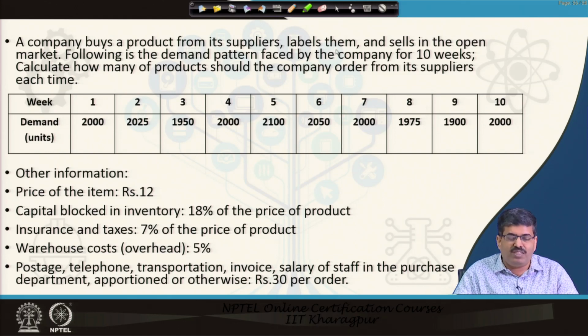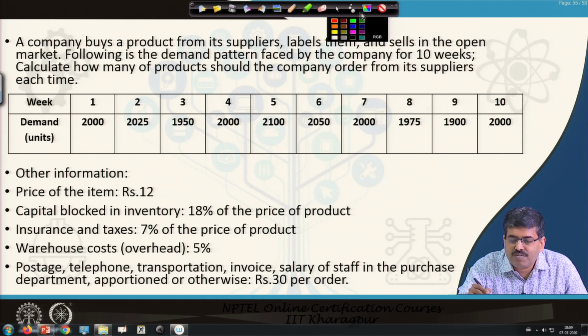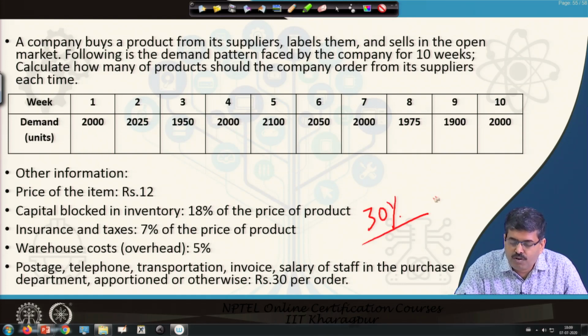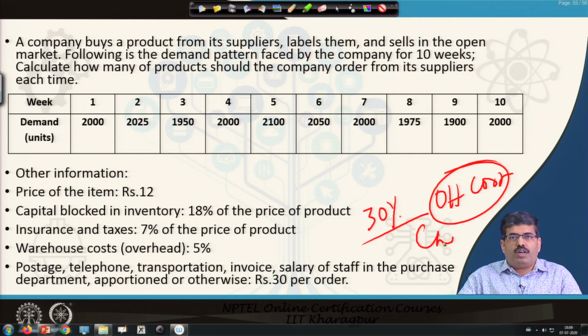Insurance and taxes, there is a warehouse tax; do not store, no tax. So, 18 plus 7, 25%, and warehousing overhead 5%. So, basically 30% is your overhead cost or cost of holding.